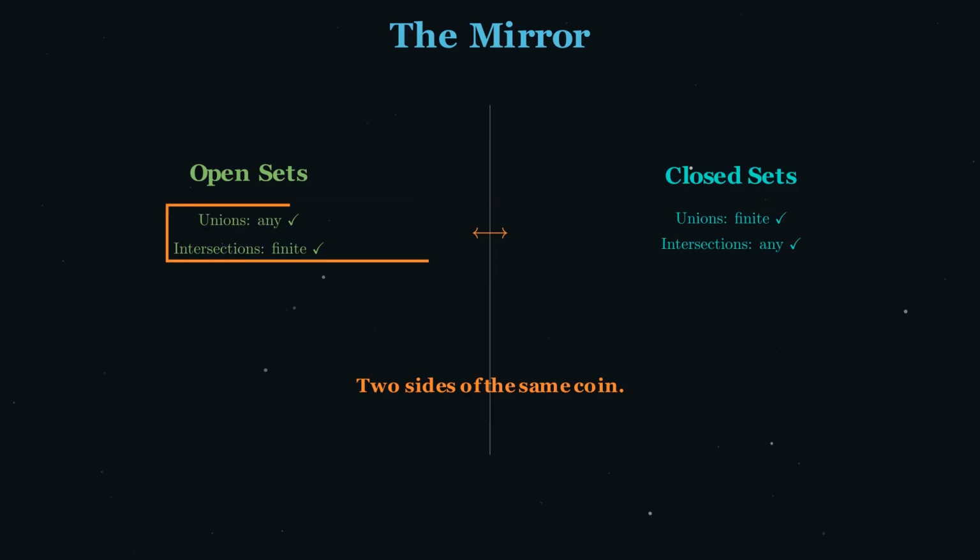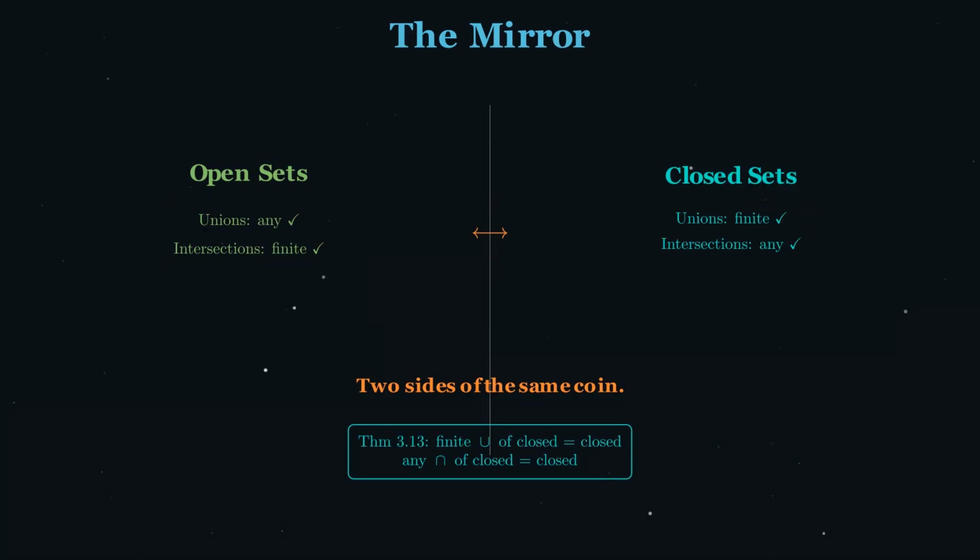See how it's the mirror image? For open sets, unions are always safe, and intersections need to be finite. For closed sets, it flips. Intersections are always safe, and unions need to be finite. These are dual statements. They're like two sides of the same coin.